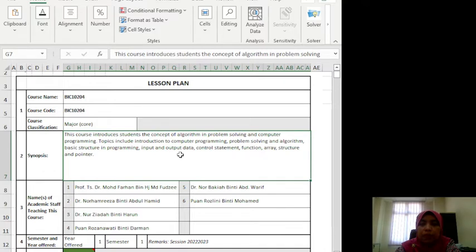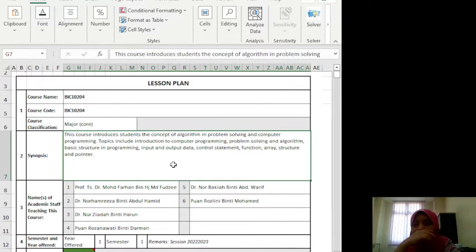Topics include introduction to computer programming, how to solve the problem using the algorithm, the basic structure in programming, input and output data, how to use control statements, how to develop a function, how to use the array, and lastly the structure and pointer.